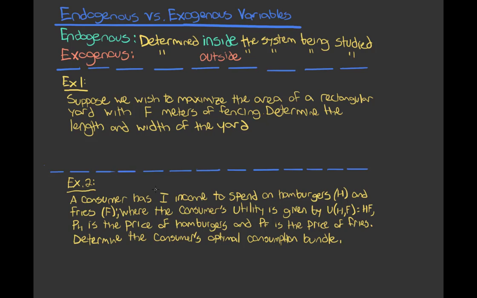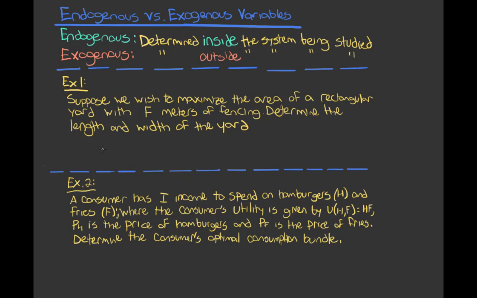Now, as you can see, we've got two additional examples for us to identify the endogenous and exogenous variables in each of these problems. The first example states, suppose we wish to maximize the area of a rectangular yard with F meters of fencing. Determine the length and width of the yard.